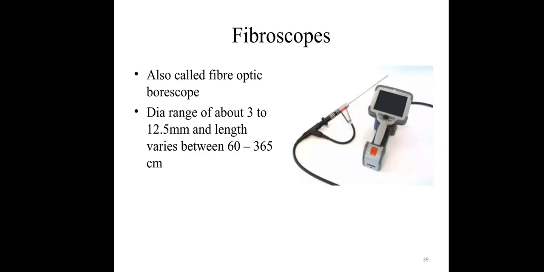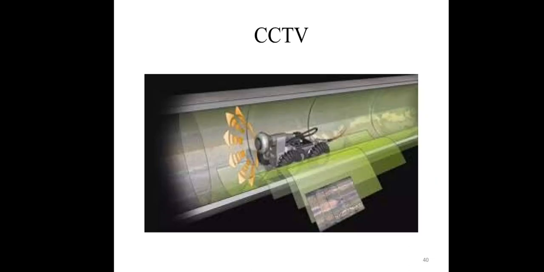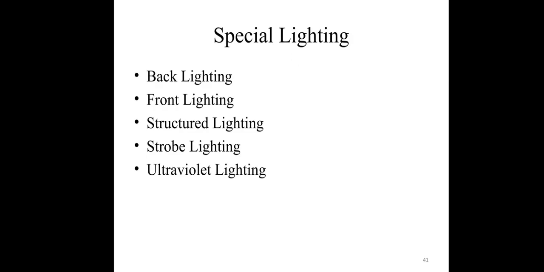Diameter ranges from about 3 to 12.5 mm and length varies between 60 to 365 cm. CCTV robotic crawler system is used to identify defects in pipelines. Special lighting: backlighting, front lighting, structured lighting, strobe lighting, ultraviolet lighting.